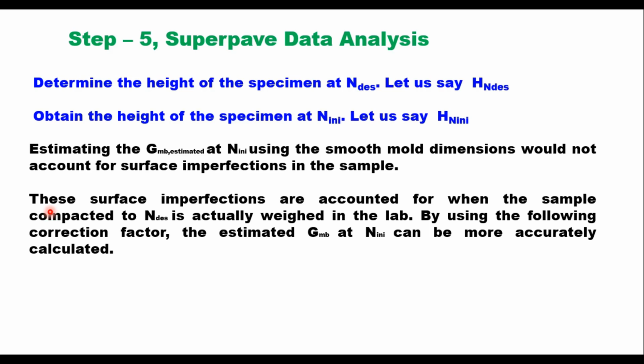And therefore, these surface imperfections are accounted for when the sample compacted to N design is actually weighed in the laboratory. And by using the following correction factor, the estimated GMB at N initial can be more accurately calculated. And the factor is the height of the specimen at N design divided by the height of the specimen at N initial.